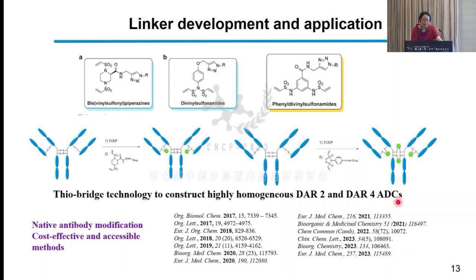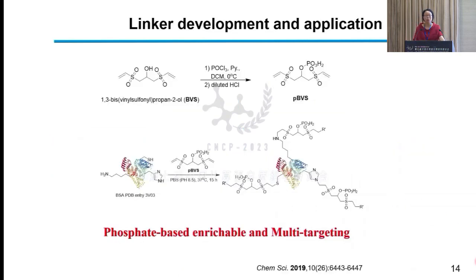This is just the point where I entered into XL-MS. We chose one linker with high reactivity and introduced our phosphoric acid to the linker, and we obtained a phosphate-based enrichable linker. As expected, this linker can target different amino acid residues, including lysine, cysteine, and histidine.